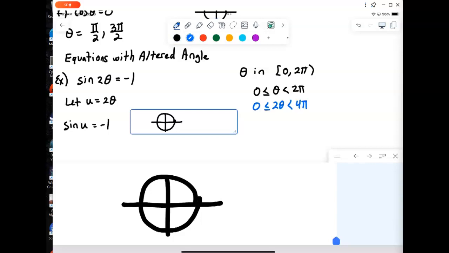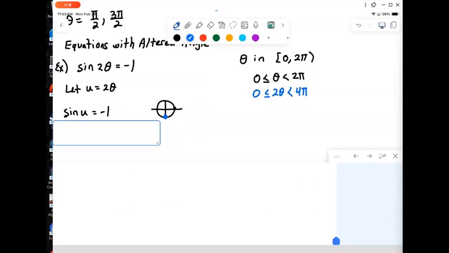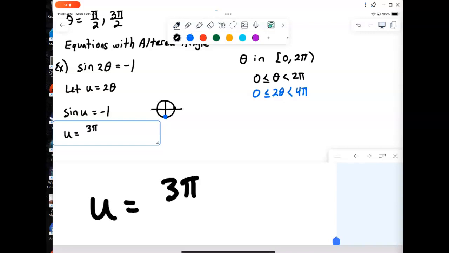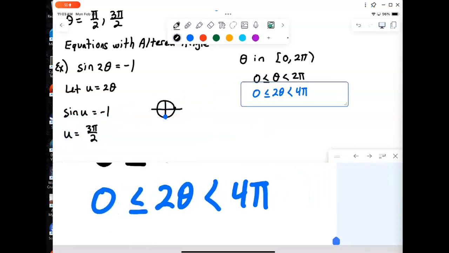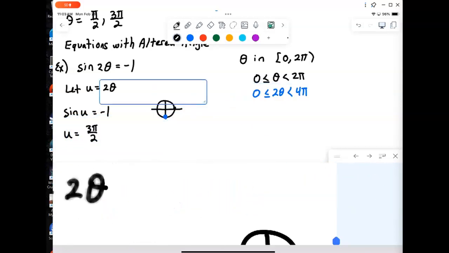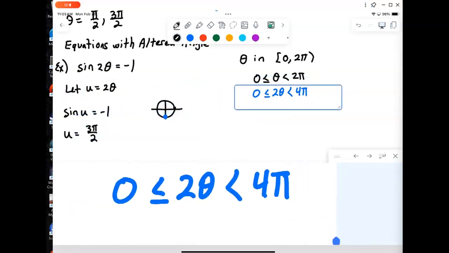Sine is -1 down here, the y value is -1 at 3 pi over 2. Since there's only the one, I would write that answer down. Now that's if I was going one time around the circle, but because of the doubled angle, and since u is representing that doubled angle, we have to keep going.